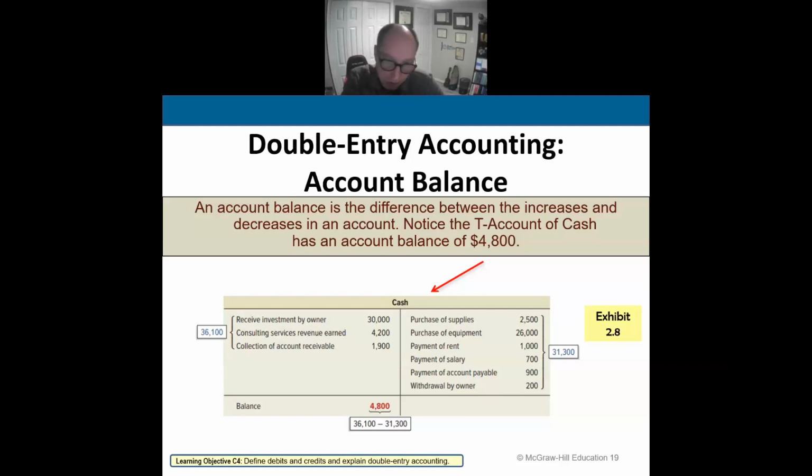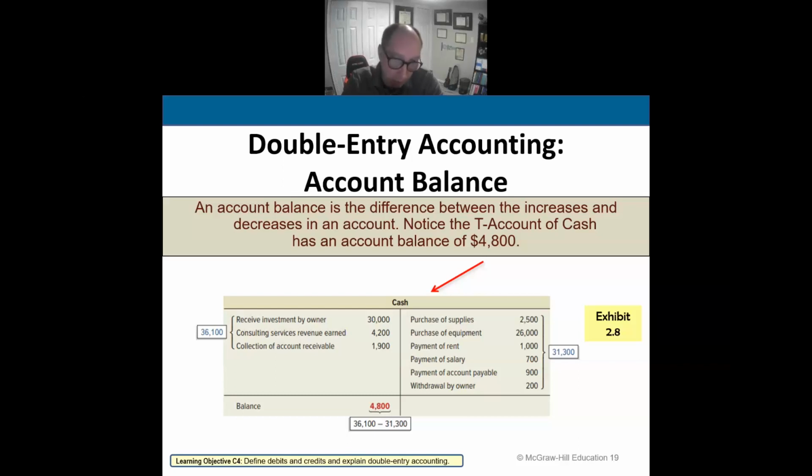Cash is used in a lot of different types of transactions, such as purchasing supplies, equipment, paying rent, paying salaries, paying for things that we purchased on credit, which is accounts payable, or paying bills, and for paying our owners. Cash coming in to the business is represented by cash received from our customers for sales, investments by the owners, and collection of accounts receivable.